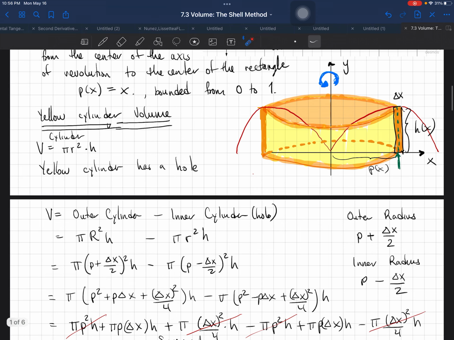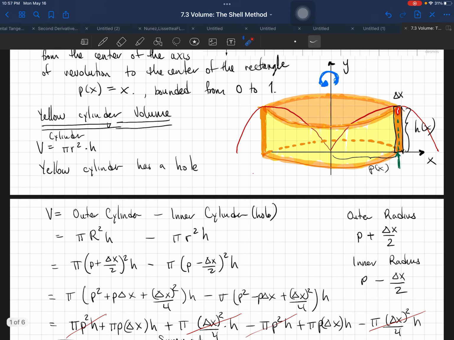What we have here is the middle of this rectangle. We're going to use this rectangle. It goes from 0 all the way to p of x. We're going to call this p of x, position, though it's more like the distance from here to the axis of rotation.